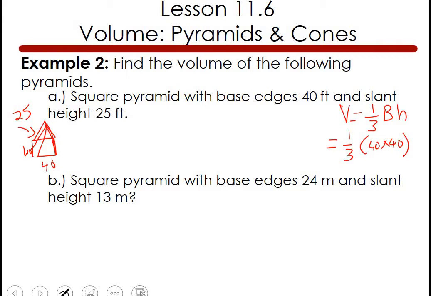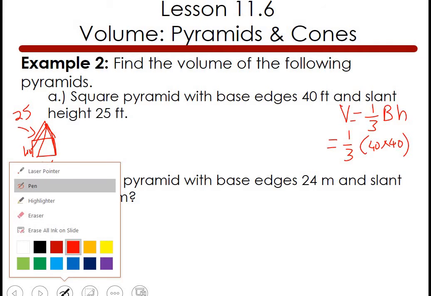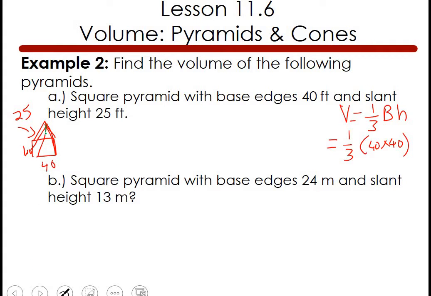And the height. If you see the pyramid, we need the height of the pyramid, not the slant height. So look at the right angle we know. The slant height, which we used in surface area, we do not need for this. We need the height. Making a right triangle, we're just going to use half of 40, which is 20.